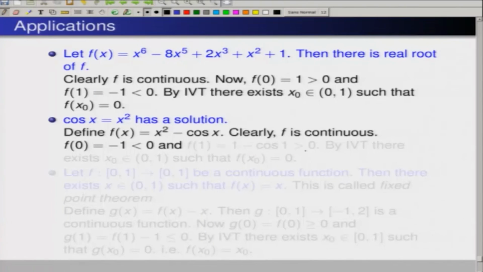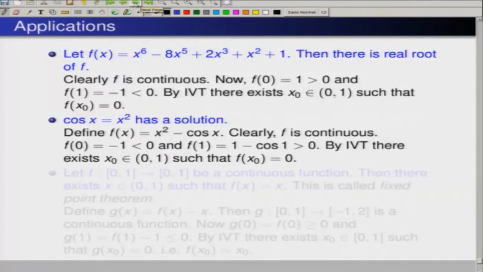This is a continuous function, being a polynomial minus a trigonometric function. So, f of 0 is negative 1 and f of 1 is positive. So, the intermediate value theorem will tell you that there will be a point where it is going to be 0.